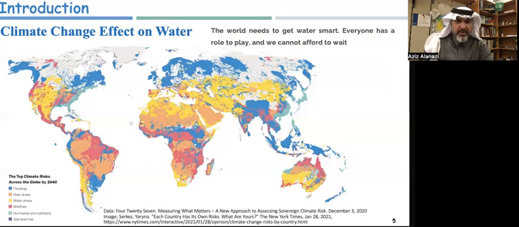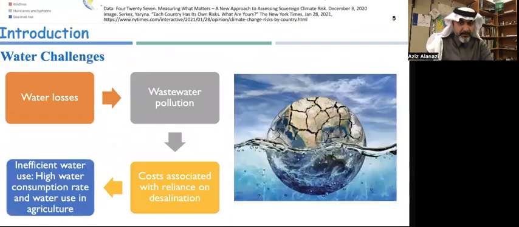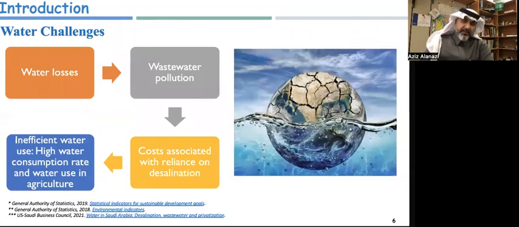Reducing water resources can be a major challenge, even for water-modern countries, like I mentioned in the previous slides, because of the risks the emerging contaminants pose. Insufficient water use and high water consumption rate, especially in agriculture.